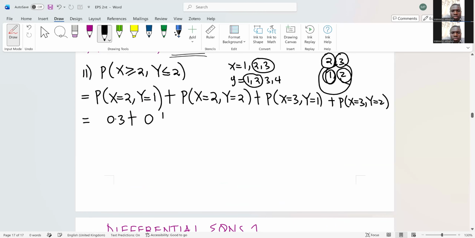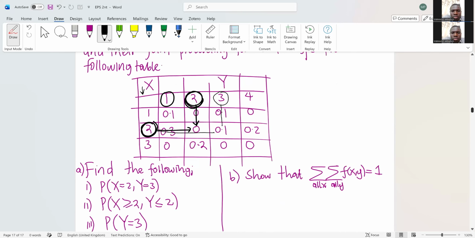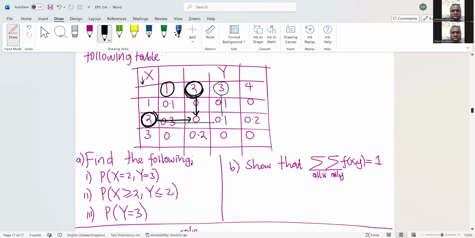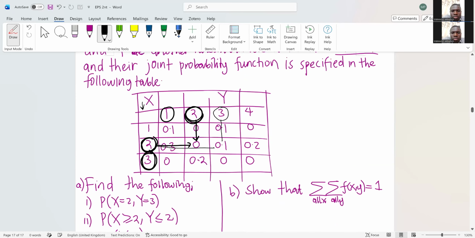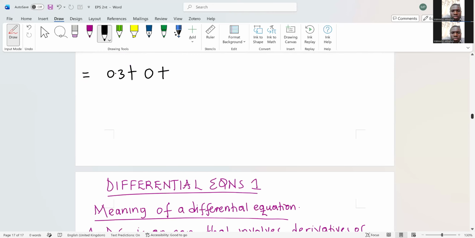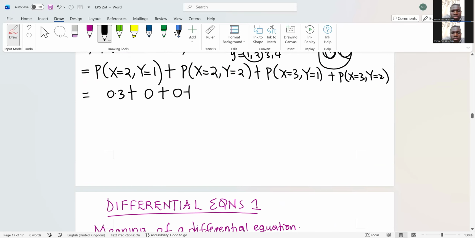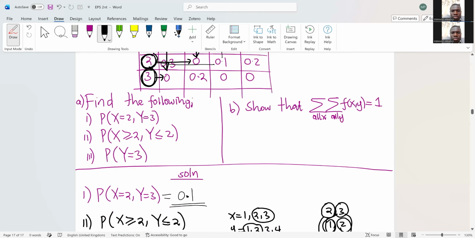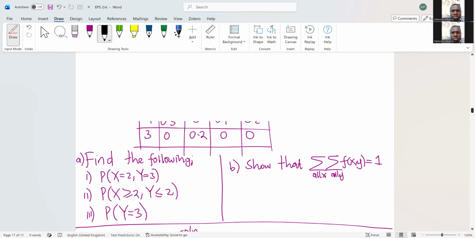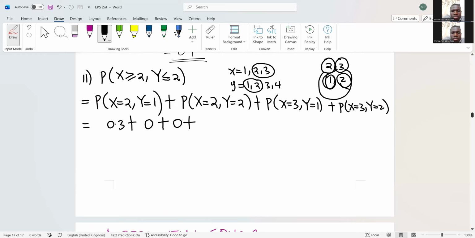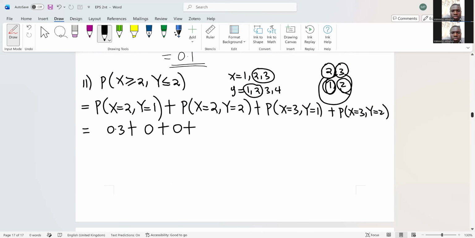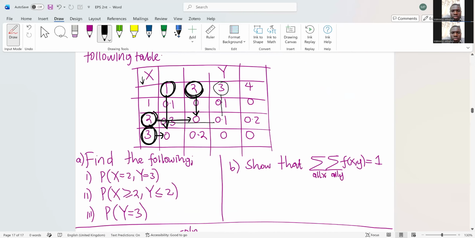Plus a 0. Then plus x is 3, y is 1. X is 3 is here, y is 1 is also there up. Corresponding the two, there is a 0 there. Then plus, finally, x is 3, y is 2.